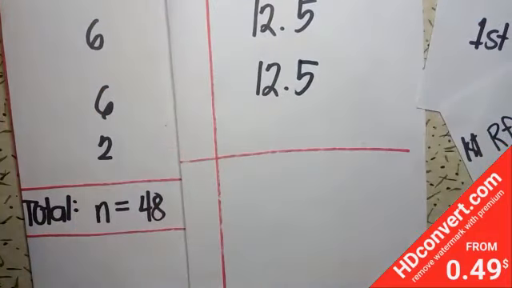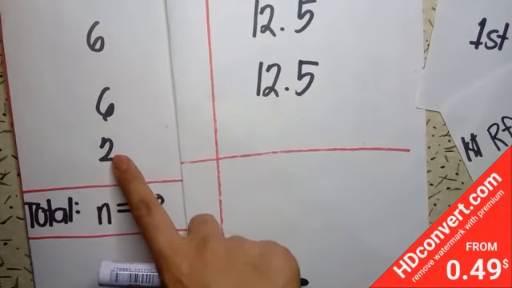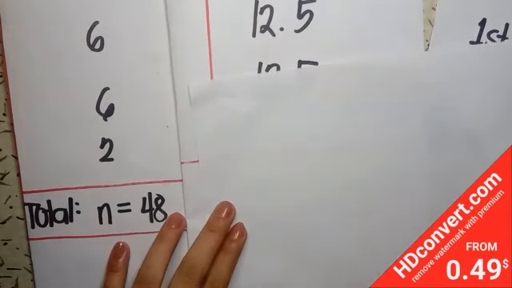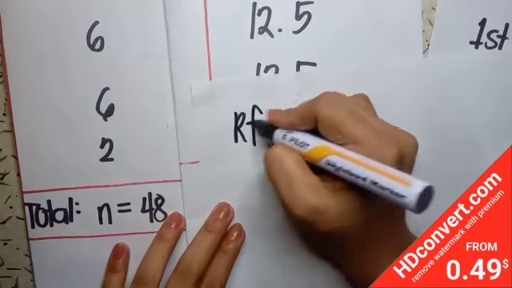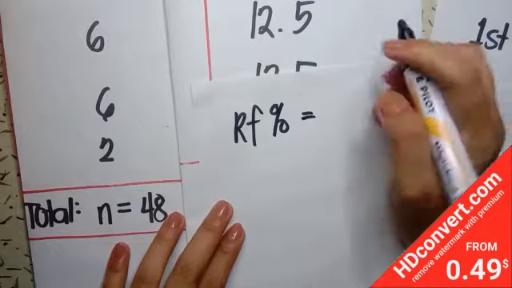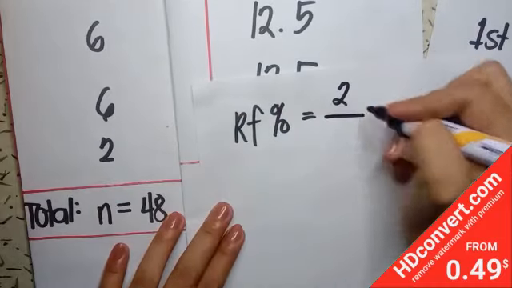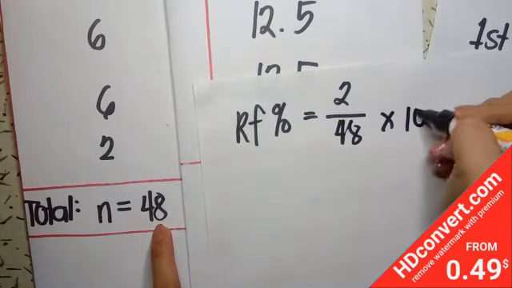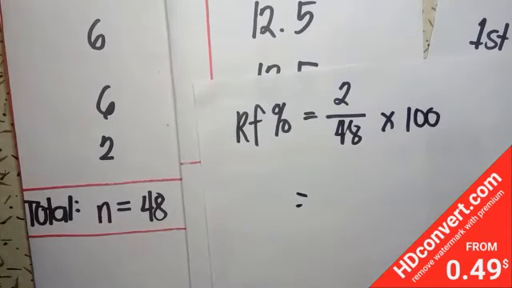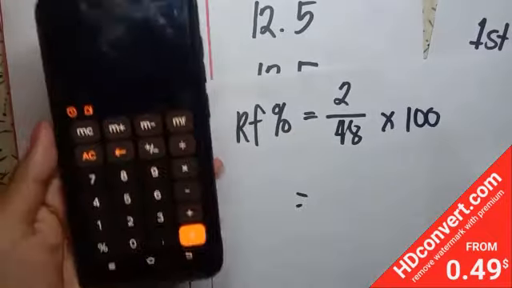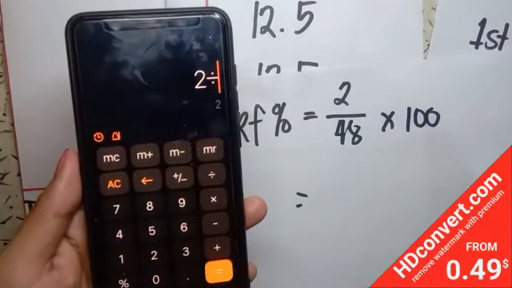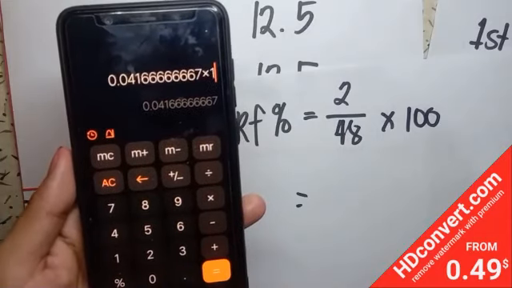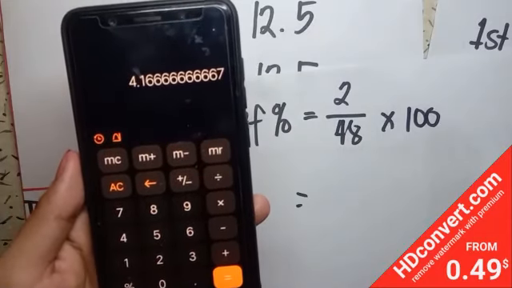Next is the 2. When we solve it, RF percent is equal to 2 divided by 48 times 100. So, 4.17.